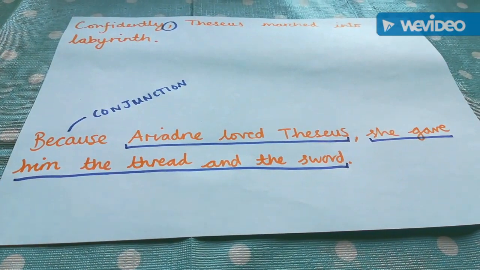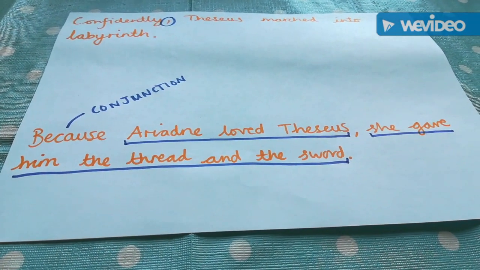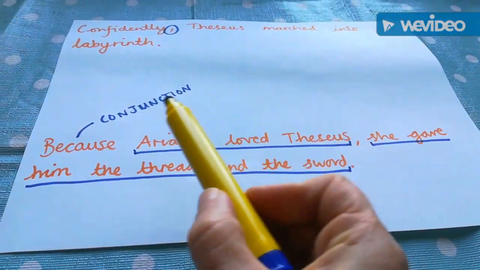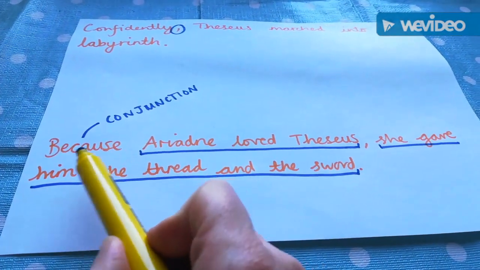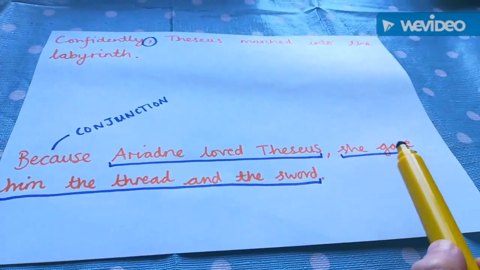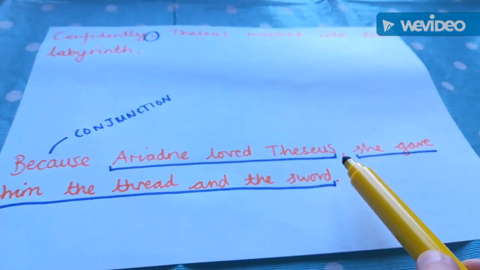Now, where the comma goes when a sentence starts with a conjunction is slightly more complicated, so really don't worry if this is a bit challenging. So if I'd started with the conjunction because, here we've got the sentence, "Because Ariadne loved Theseus, she gave him the thread and the sword." You might notice that I've got a comma here.